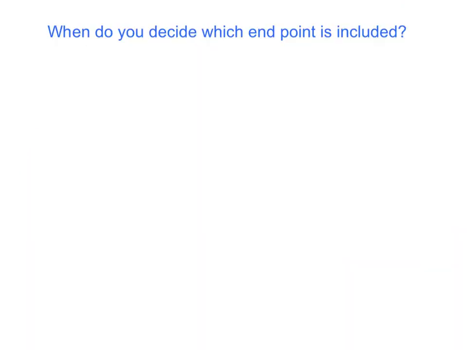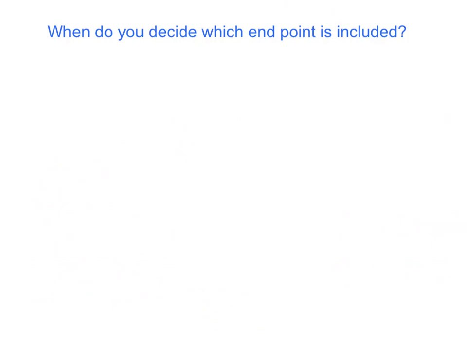One of the things that some students have difficulty understanding is when they get to choose where the endpoint that is included, or that gets the little underline, is, and when the function, the way it's graphed, tells them where it should be.